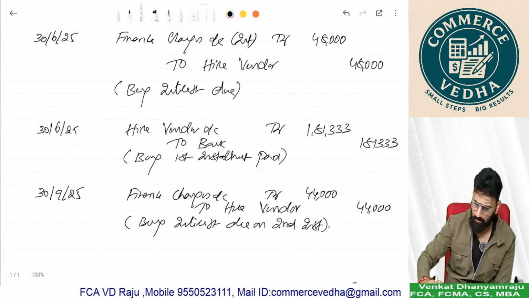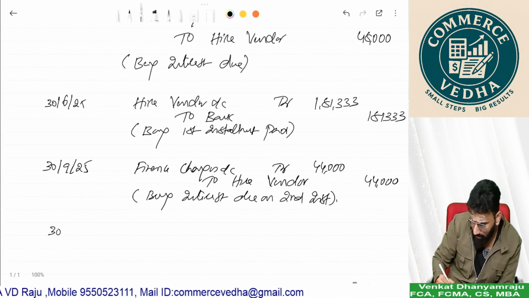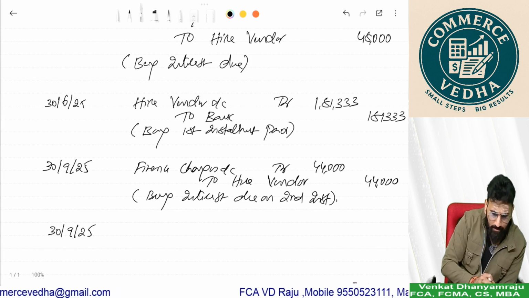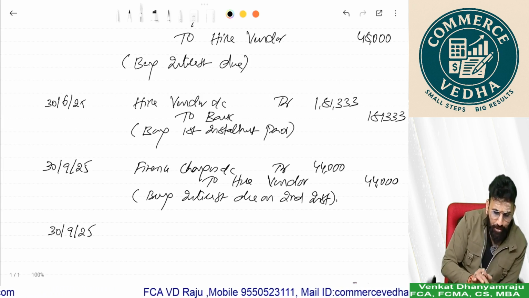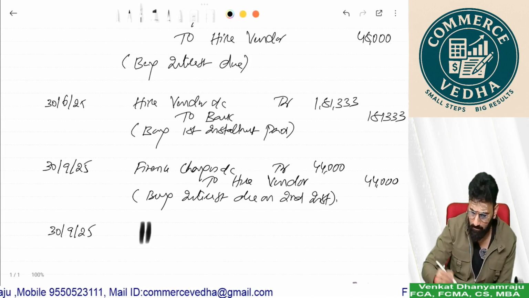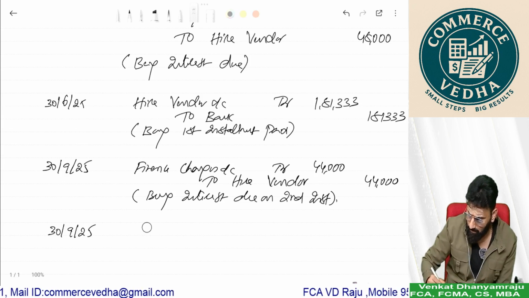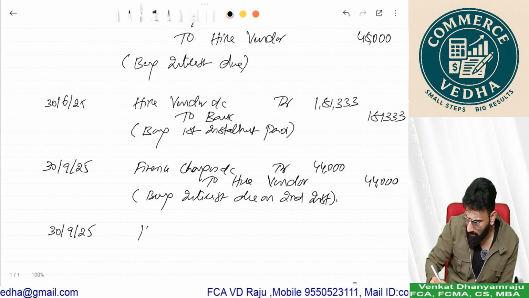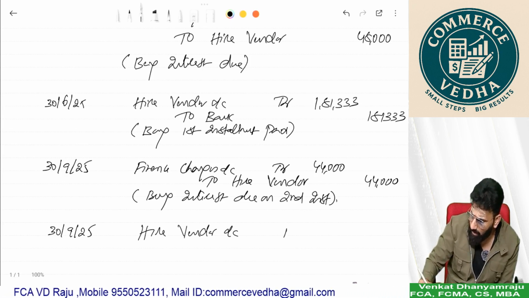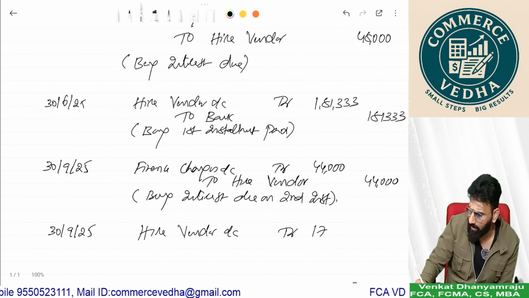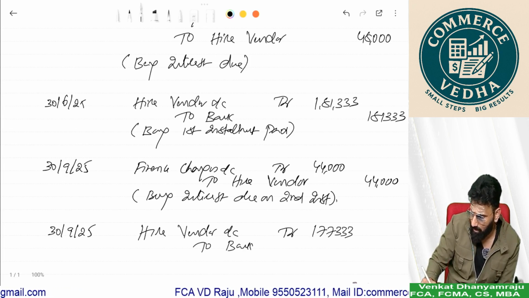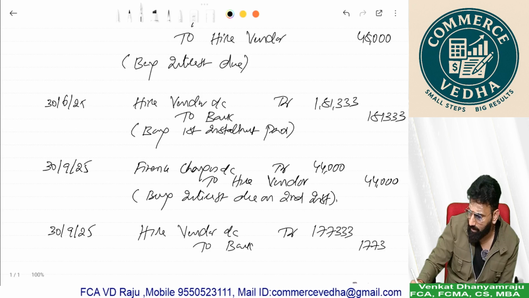Right. And on the same date, you are paying 44,000 plus 133,333 principal. So hire vendor account debit 177,333 to bank 177,333.